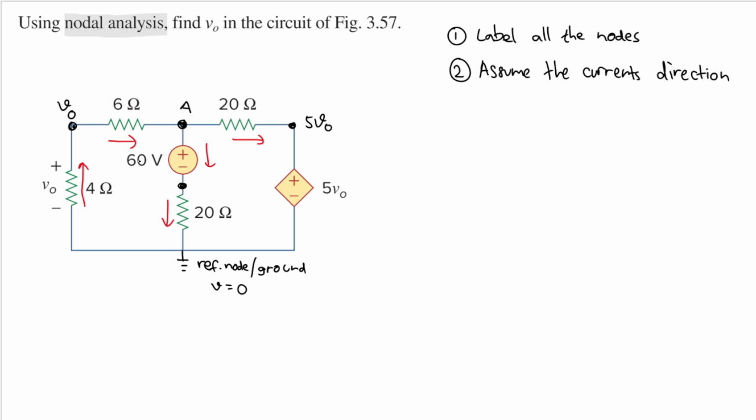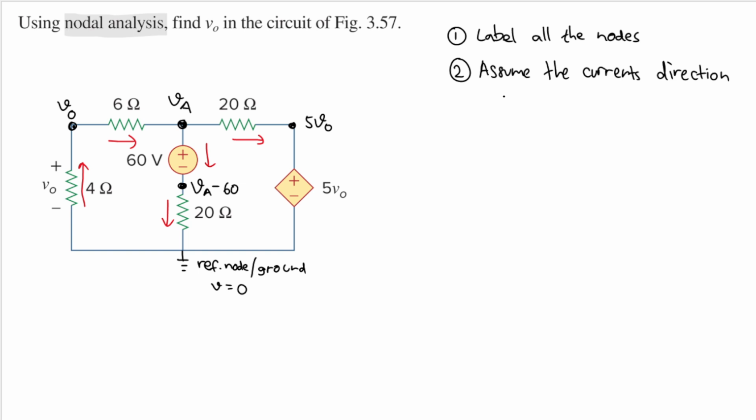And this is 60 volts under A, because the difference between this node and this node has to be 60. So this one will be VA minus 60. This is not A, so let's just name the voltage here VA, like this. Okay, we have the first step and second step done.